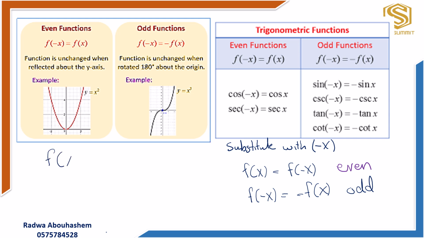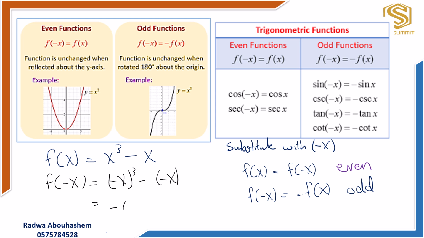Function of x equal to x power 3 minus x. So again, I'm going to substitute with negative x, right? So function of negative x equal negative x cubed minus negative x. So it gives me negative x power 3 plus x.